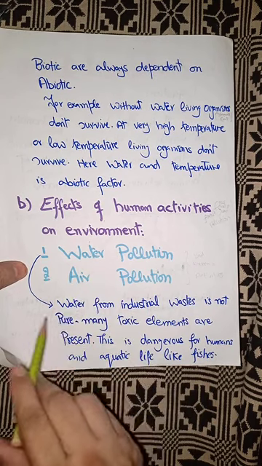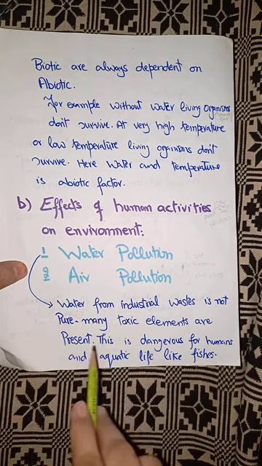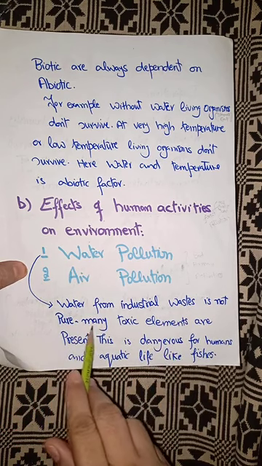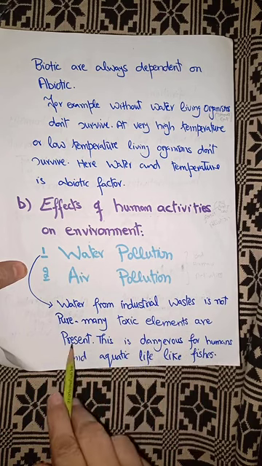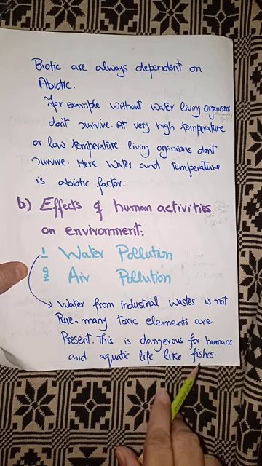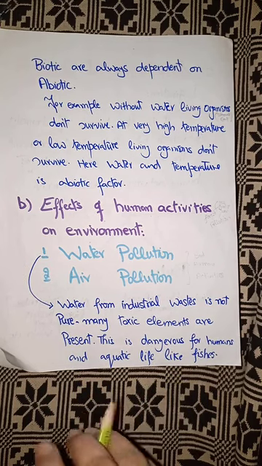How is water polluted? Water from industrial waste is not pure because many toxic elements are present in it, and this water is dangerous for humans and aquatic life like fishes.